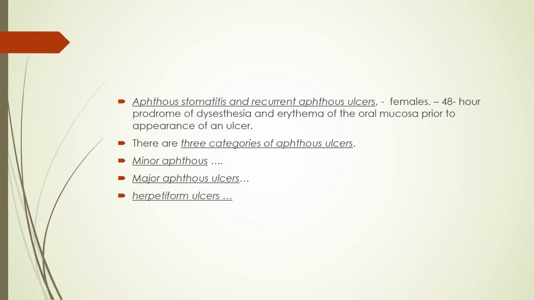So the minor one is shallow, the major one is greater than 0.6 centimeter, and the herpetiform ulcerations are pinpoint, and when these merge, they can form a large ulceration, and can occur anywhere in the oral cavity.